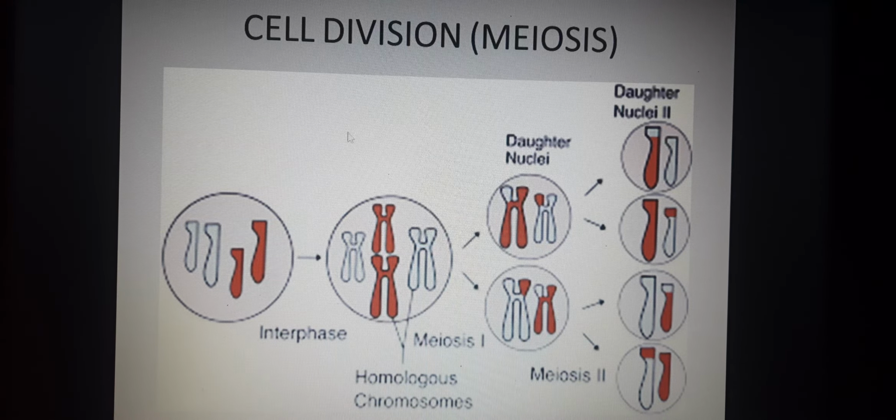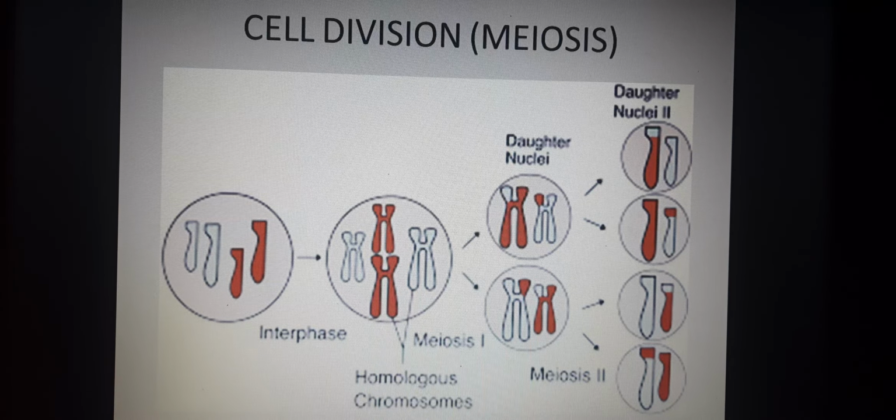So this occurs only in our reproductive cells, that is, in case of male forming sperm, and in case of female forming the egg. So sperm and egg have only 23 chromosomes, but our body cells possess 46 chromosomes.